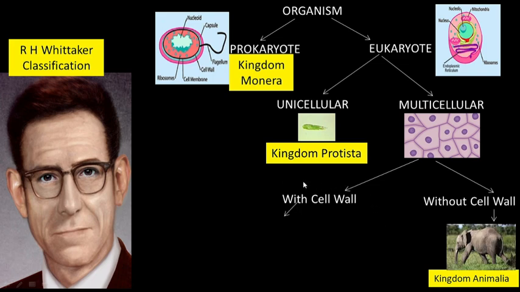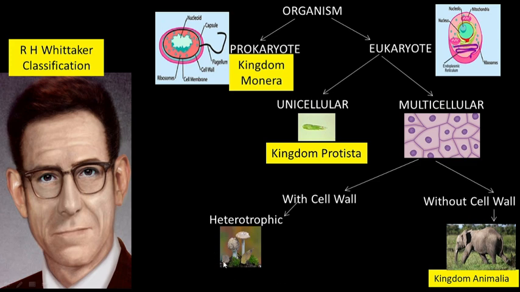Now again, those organisms which possess a well organized nucleus, are multicellular and also have cell wall are of two further types depending on the mode of nutrition. If they derive their nutrition from some other source, that means they are not able to make food on their own, then they are heterotrophic.